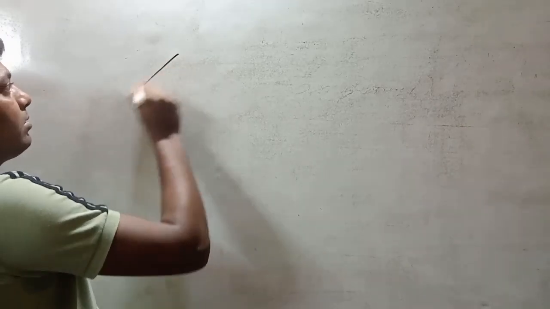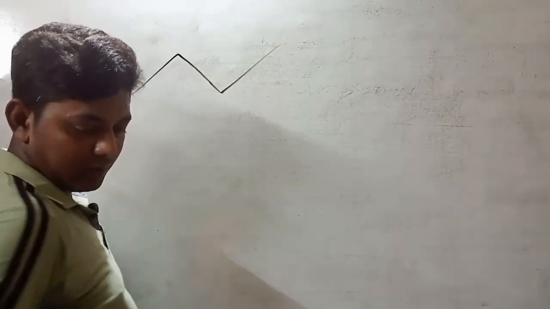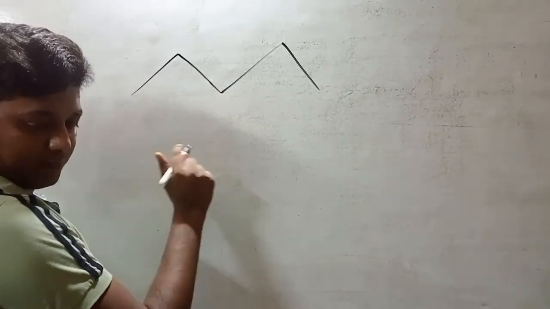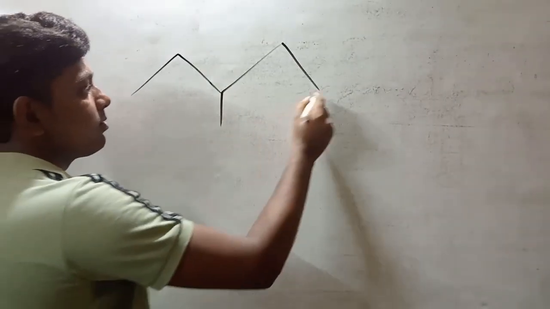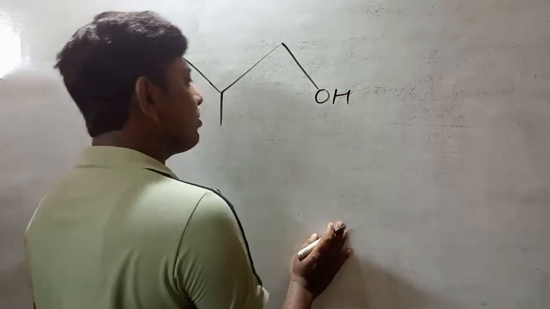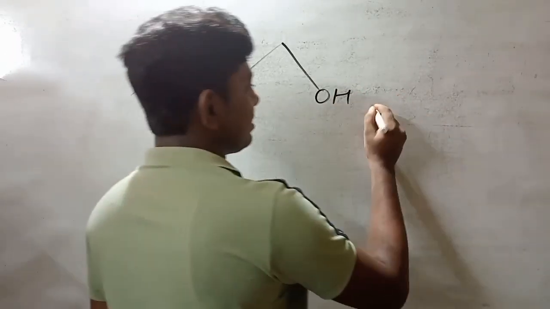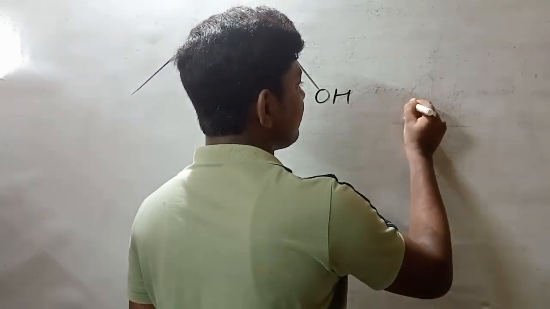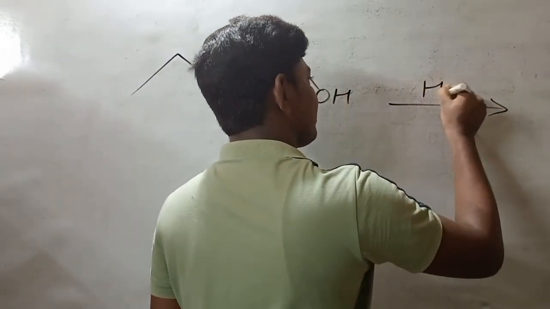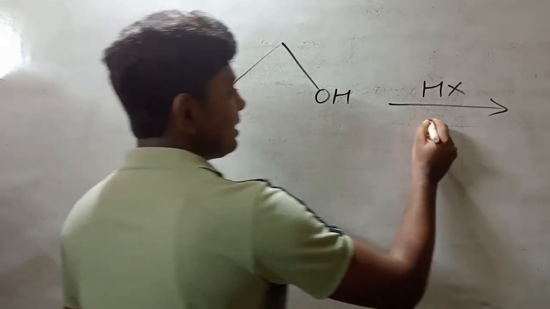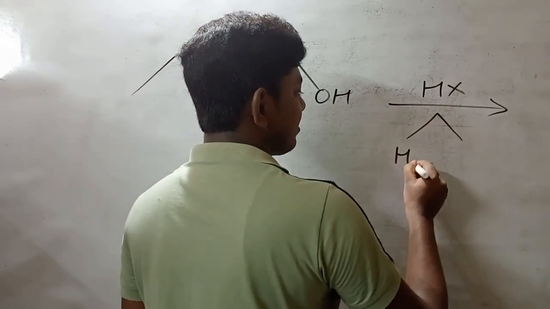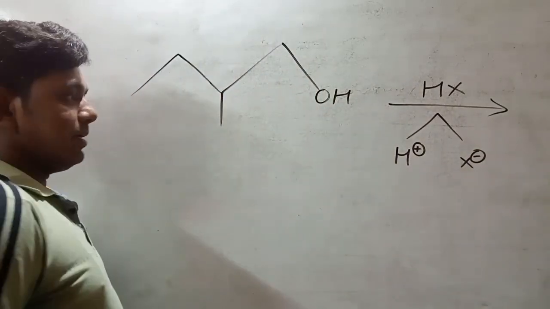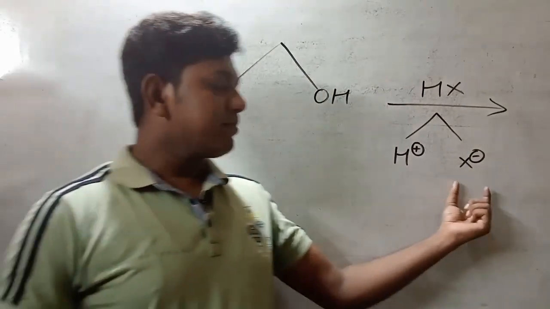So this is an alcohol. This is a 1 degree alcohol. Basically this is called a 1 degree alcohol. It reacts with the HX molecule. So here HX, after the homolytic fission, gives H plus and X minus.